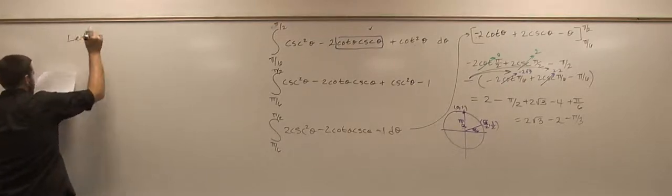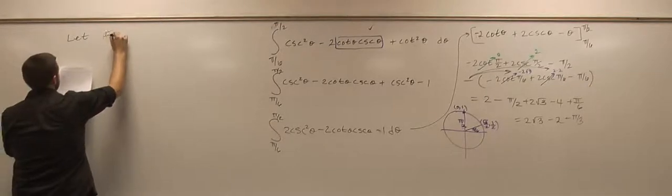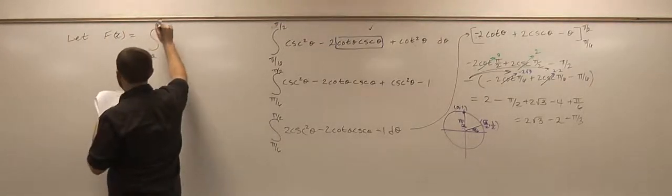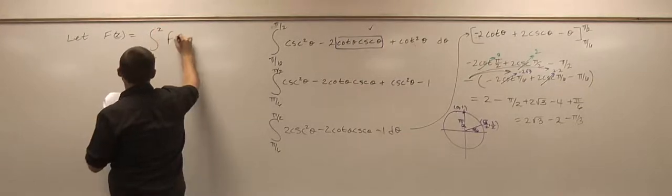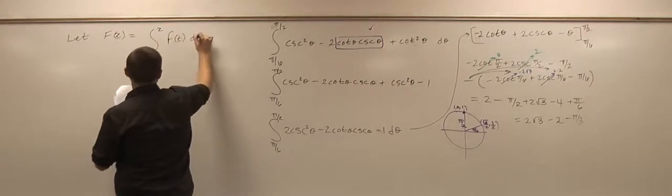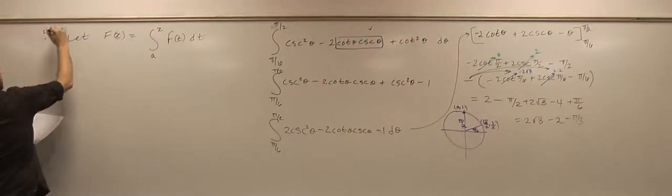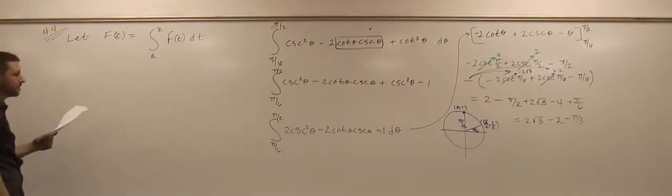I have to set this up. So let capital F of x equal the definite integral from a to x of f of t dt. So this is still 4.4 stuff, but this is new. We haven't talked about this.